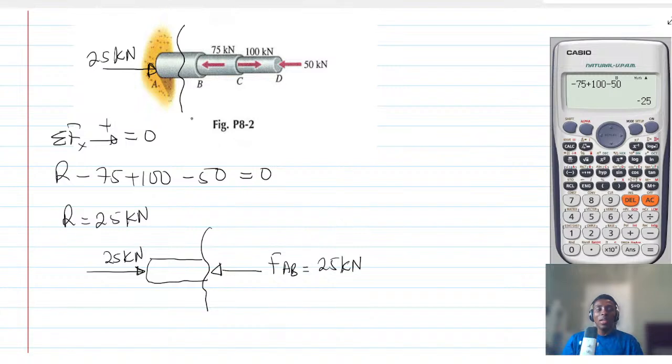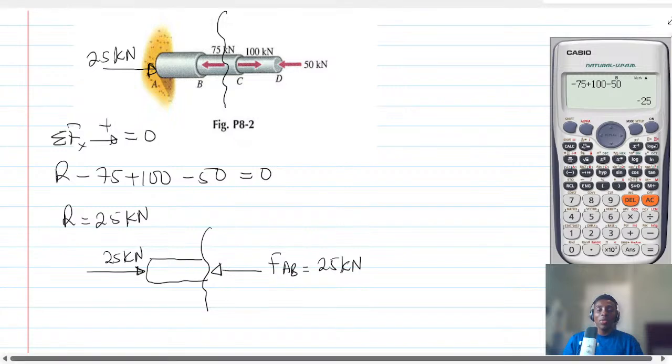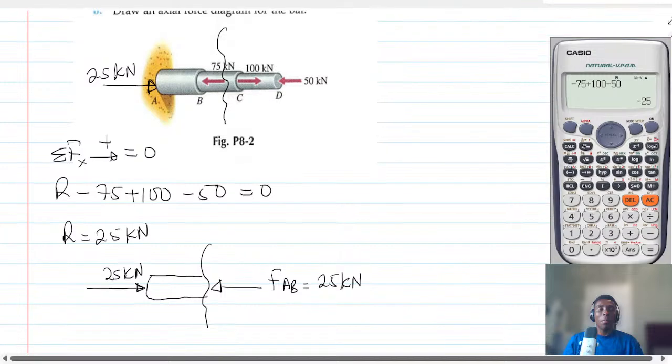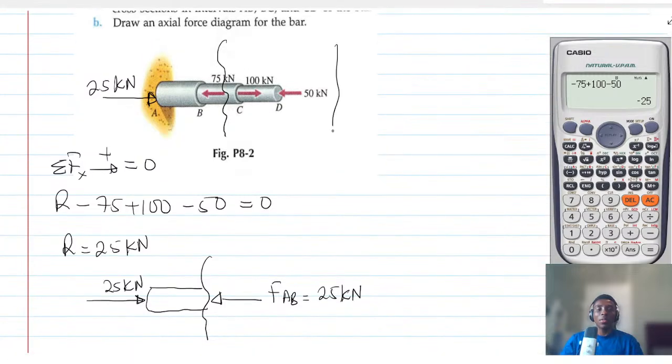And then if you want to find the force in this member BC, you will cut here. If you cut that portion, you will have something like this. So there is a 25 kilonewton coming. Then you have something like this up to this point here.